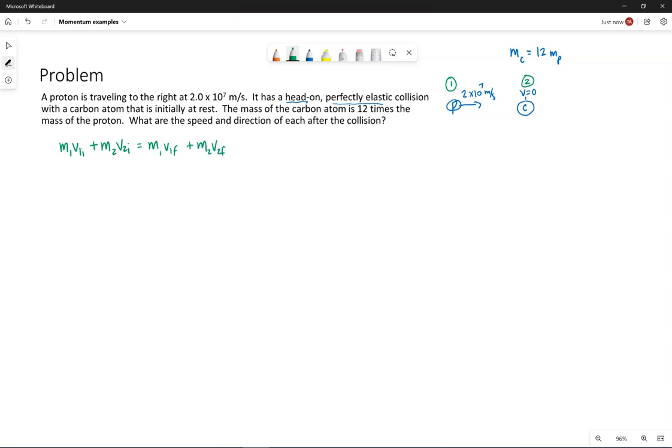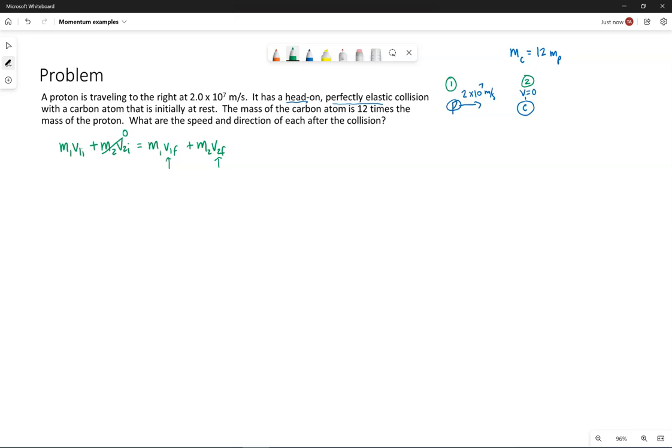This needs to be true simply because it's a collision. The reason either object changes its motion is because it is interacting with the other object. In this case, the carbon atom is initially at rest, and so we are looking for V1 final and V2 final. We have two unknowns, which means we need another equation.